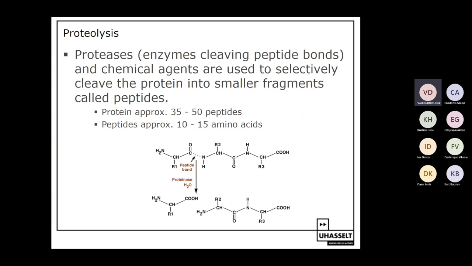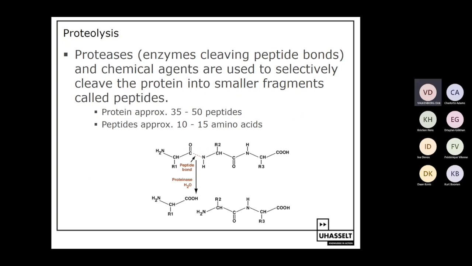Because a protein is too big to ionize and too difficult to handle, we will chop it up into smaller parts, and these smaller parts we call peptides. We use a molecular scissor to cleave our protein into smaller parts.